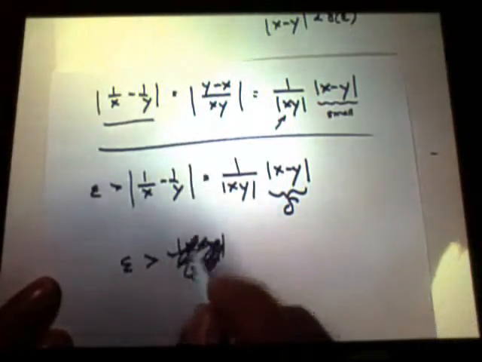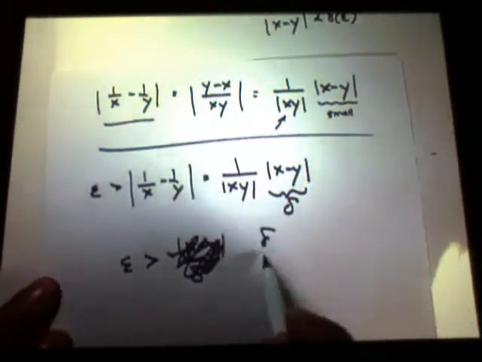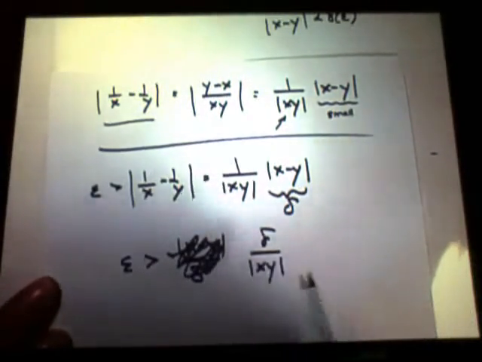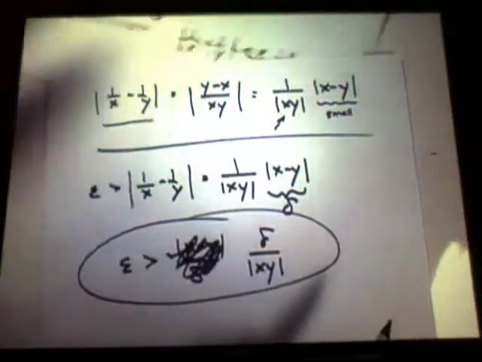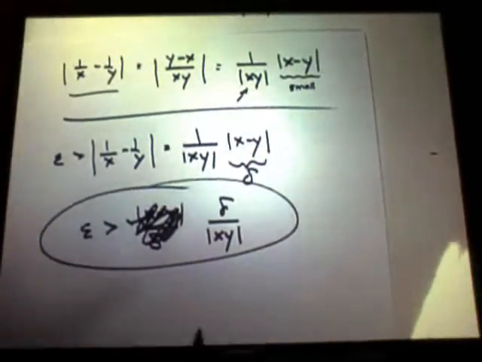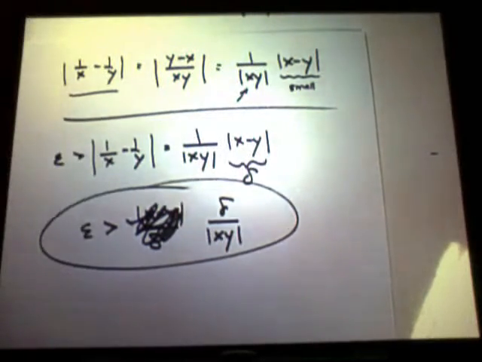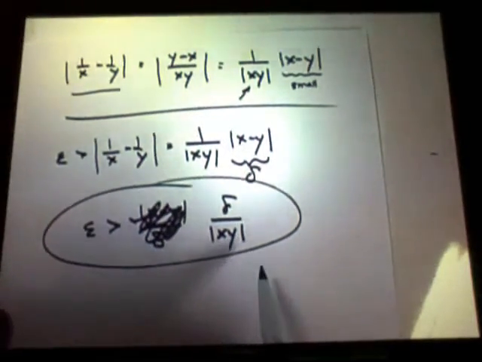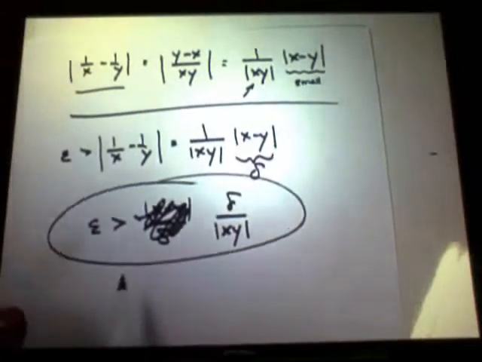Sorry, the other way around. Delta over absolute xy. Okay? And this has to be true for all xy.